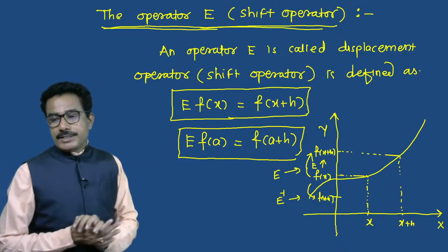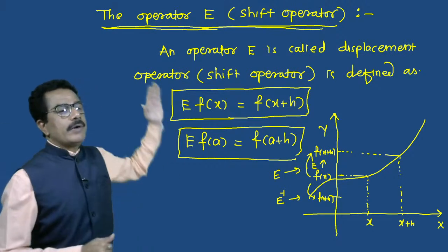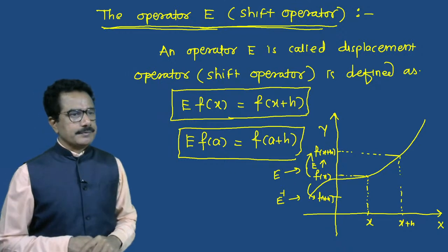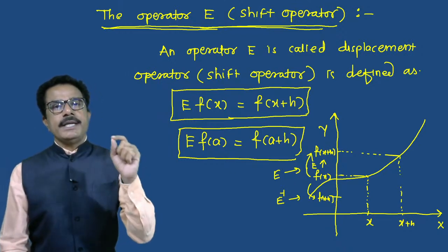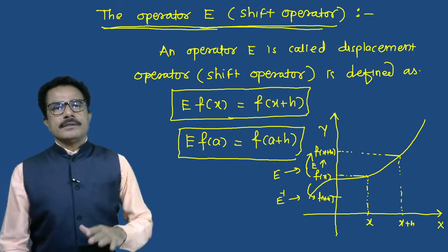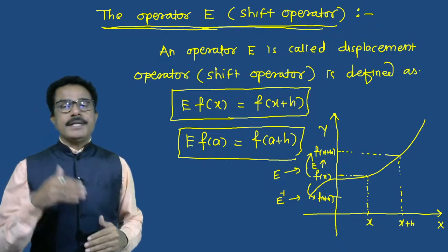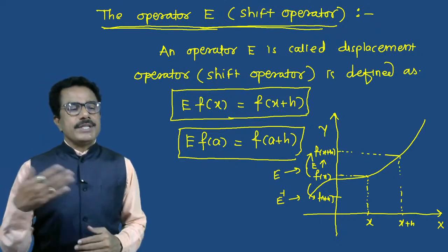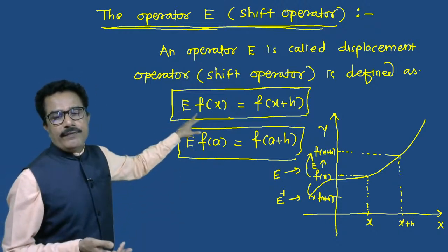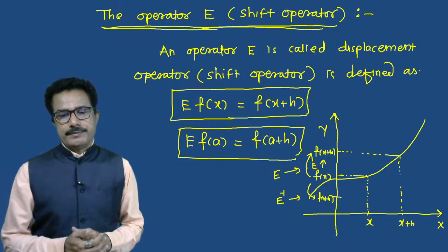Now the next important operator which we studied in the last lecture is called the shift operator. What is meant by the shift operator? An operator E is called the displacement operator, or the shift operator, and it is defined as E of f of x is equal to f of x plus h.